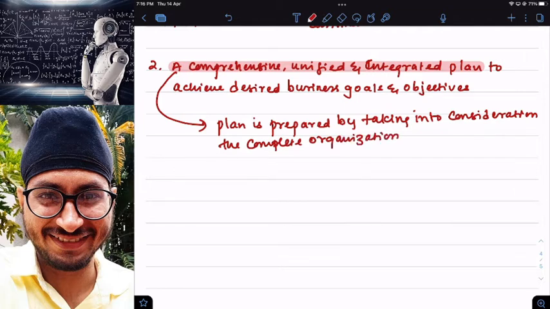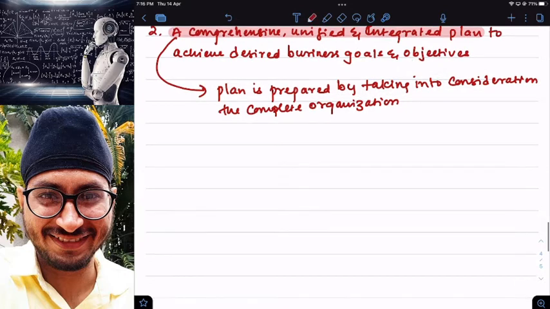Accounting is there, purchase is there, sales is there, marketing is there, production is there, all departments I will take into consideration and then prepare a plan. Why? Because I want to achieve my goals and objectives. Simple. This is definition number 2.